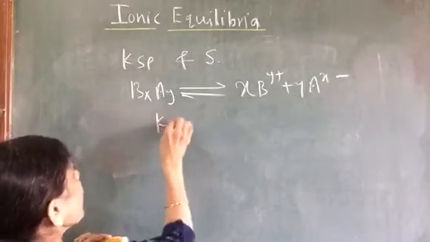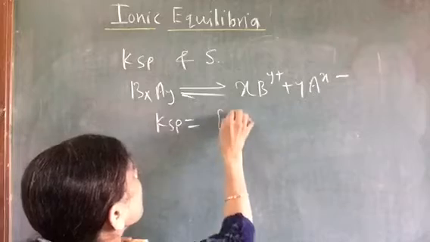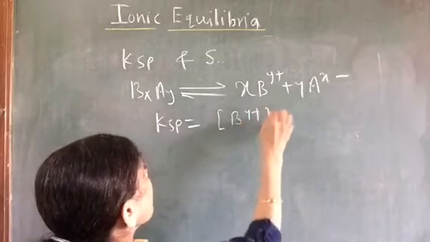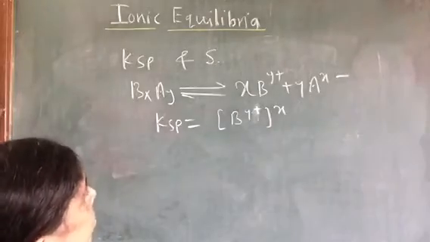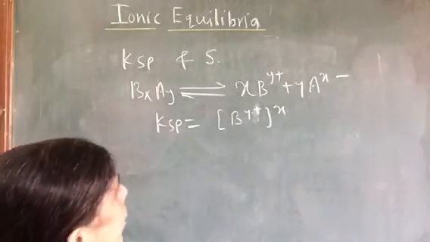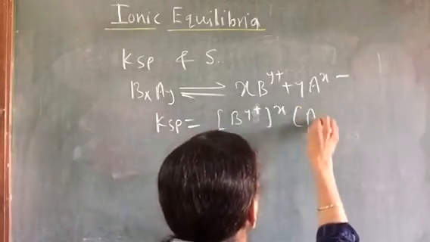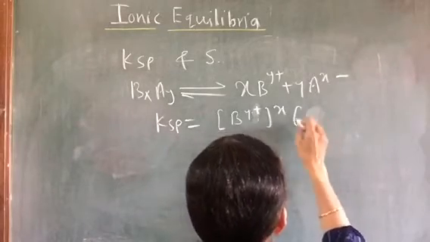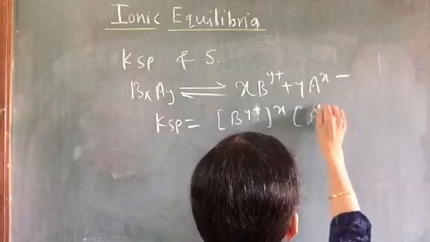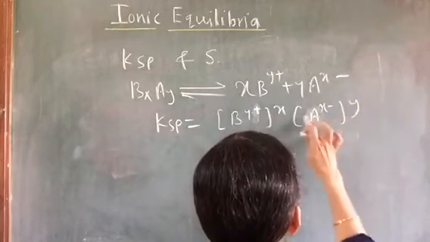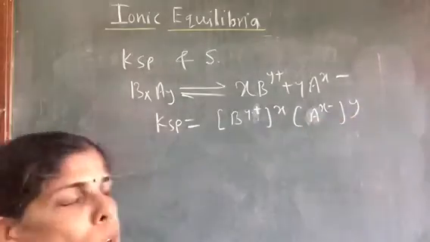Now you know KSP for this particular equilibrium will be equal to the molar concentration of B^y+ raised to x into the molar concentration of A^x- raised to y.